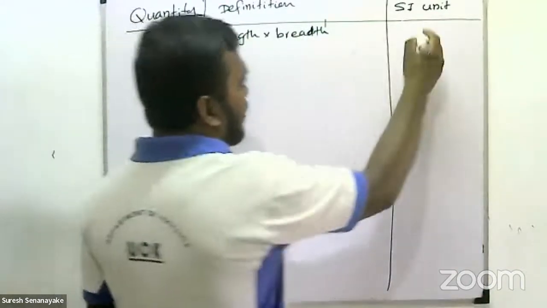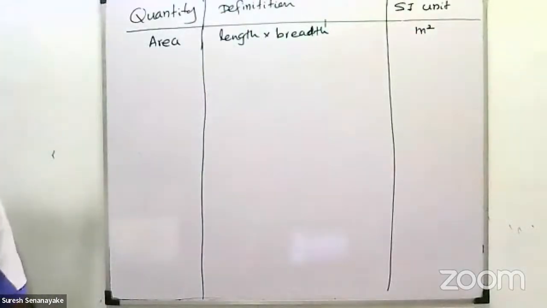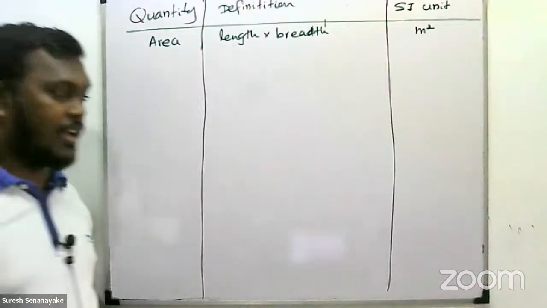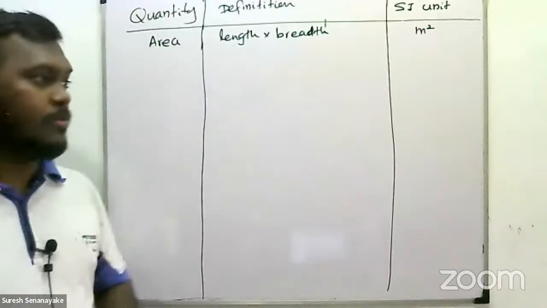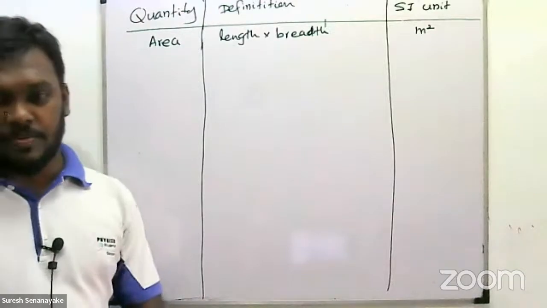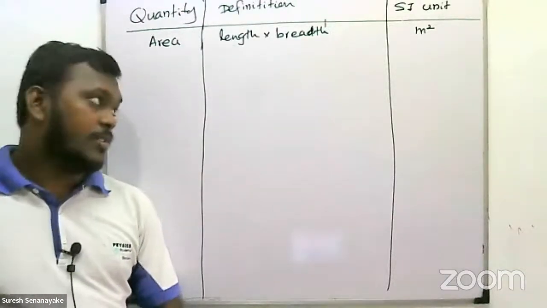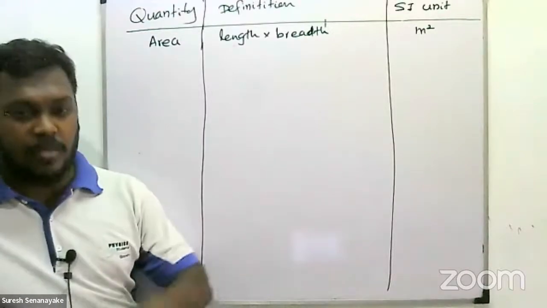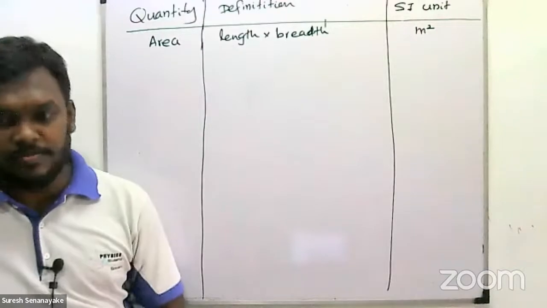Length in meters, that is square meter. The SI unit is square meter. The syllabus is fully built on SI units, because Sri Lanka was the first country to adopt this SI unit system quickly. When they introduced the SI unit system in the world, Sri Lanka rapidly adapted it into our education system.